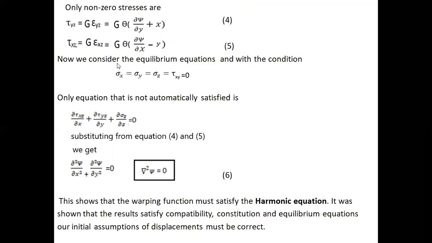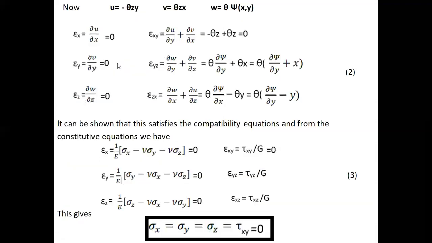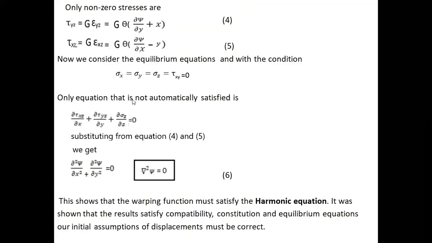So simply by considering the previous two equations, 2 and 3, we can write the form of the two non-zero stresses, given by equations 4 and 5. Let's remind ourselves that there are two non-zero stresses in a torsional problem.